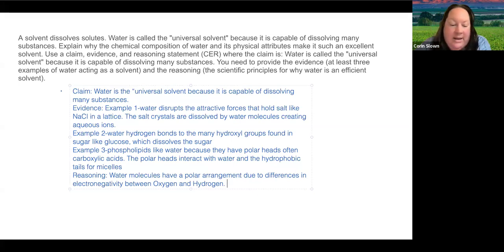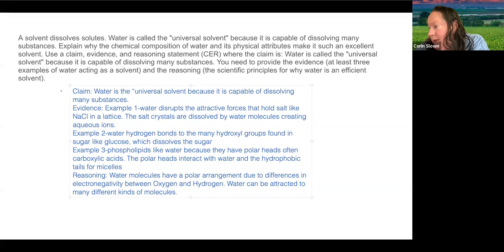So water can then be attracted to many different kinds of molecules. And if you want to go further, you could talk about how molecules that like water are hydrophilic.